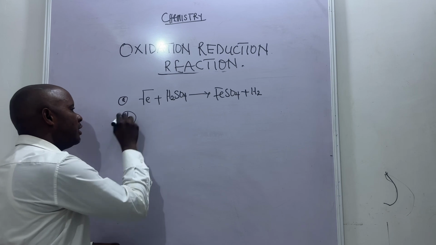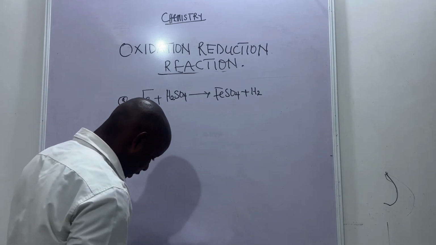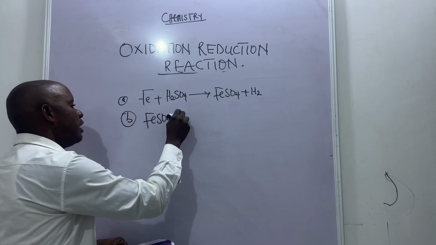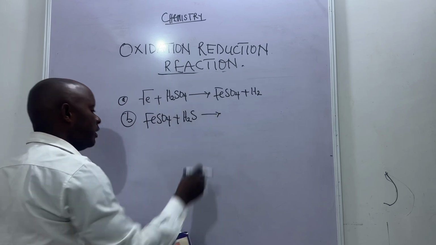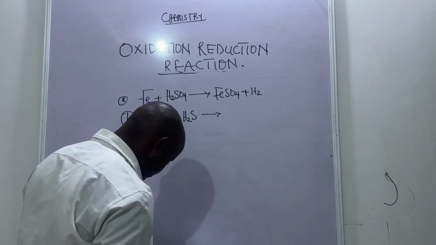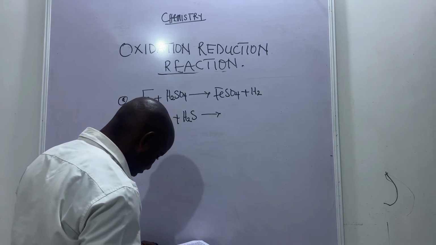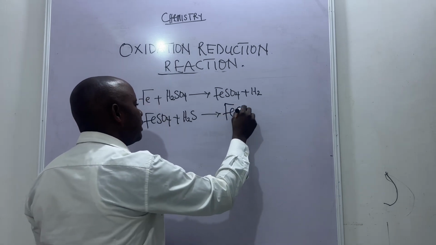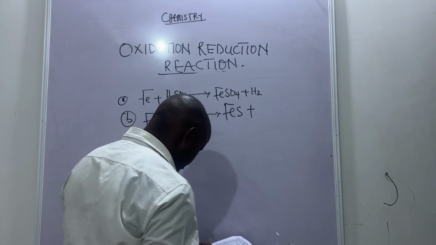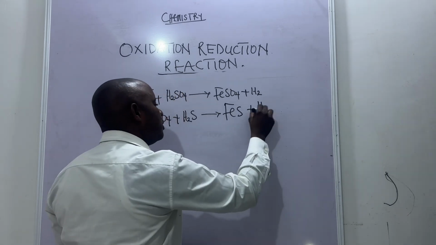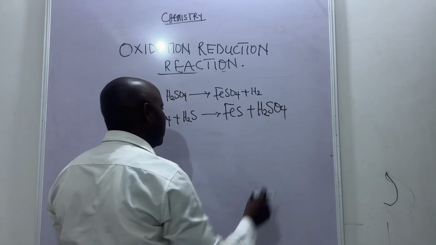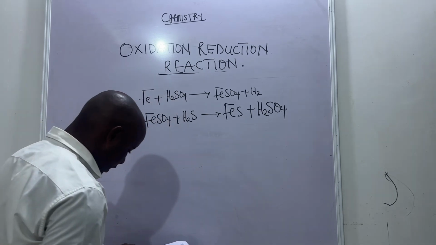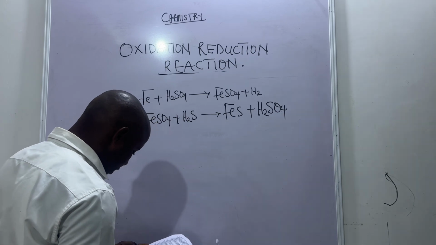We said B, FeSO4 plus hydrogen sulfide to give iron sulfide plus H2SO4. That is B.